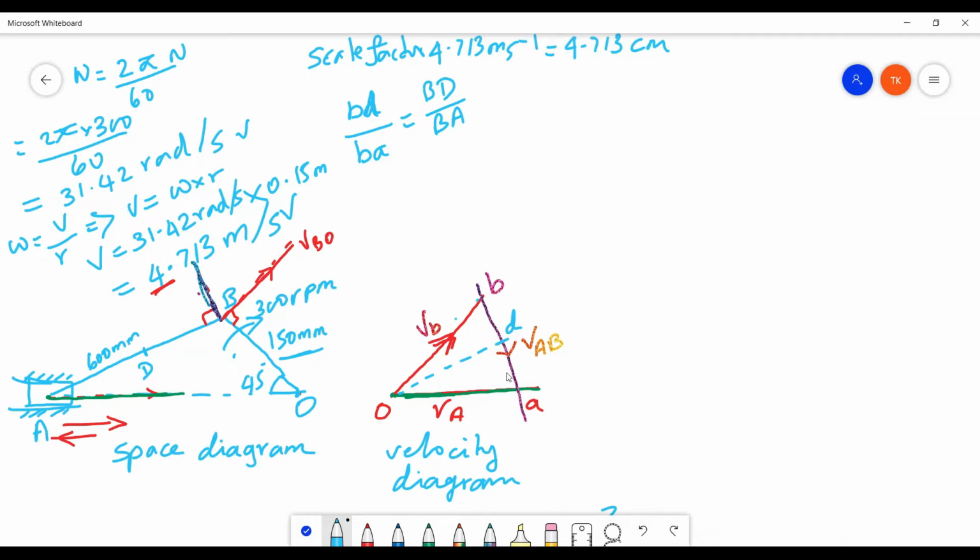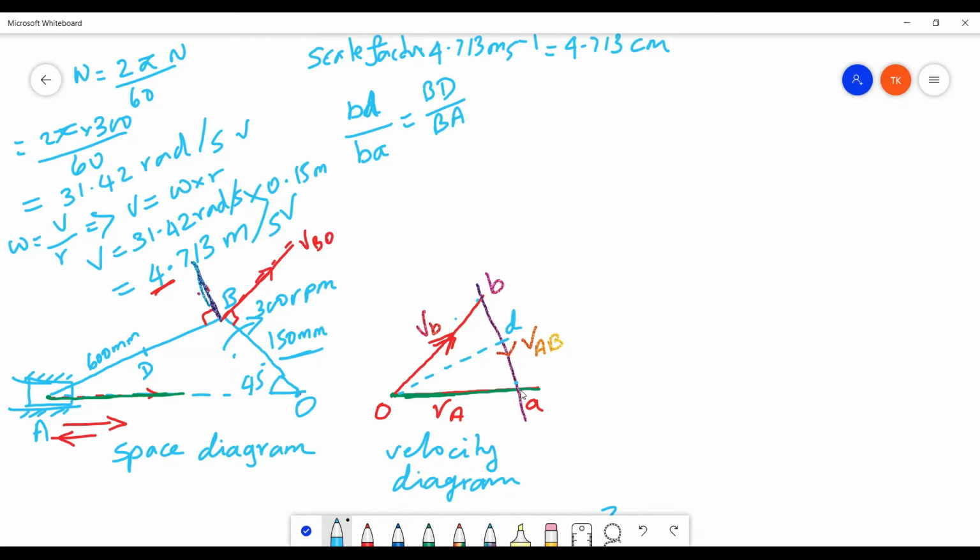We don't know the magnitude of this, we'll just draw it. And from point O, draw vector OA parallel to the motion. We know this slider always moves in this direction, so we will not go for perpendicular, we will go for parallel. I will draw another line, and this OA line and BA line will cut at a point.